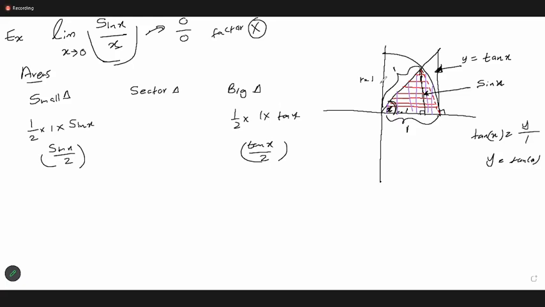How to find the area of the sector? What's the equation? 360 divided by x.